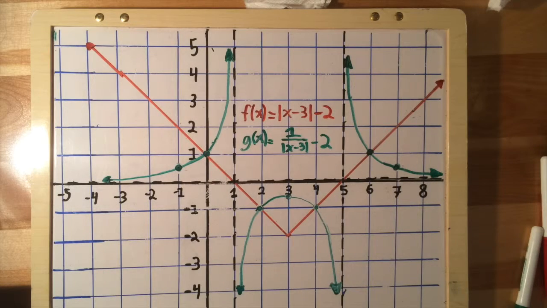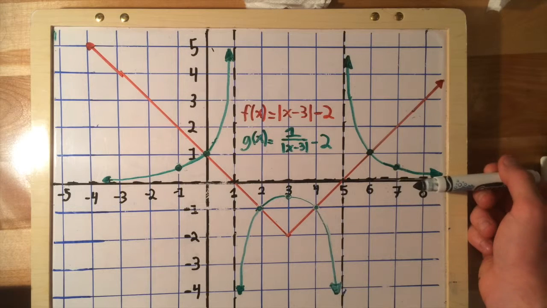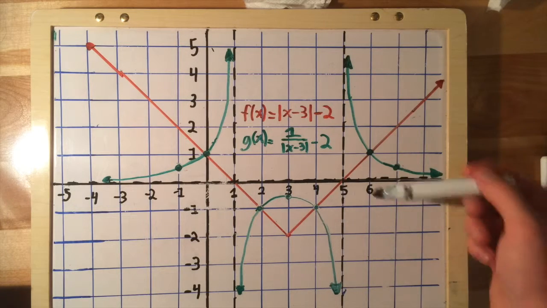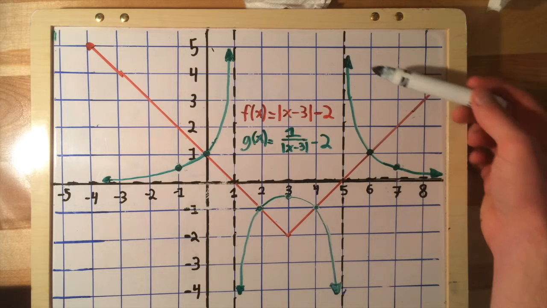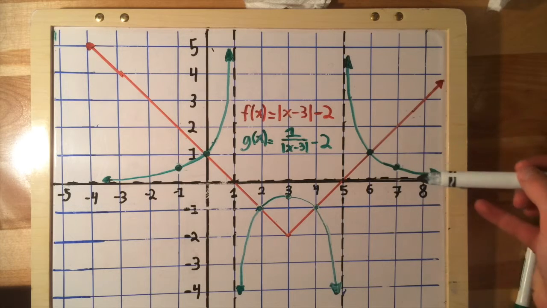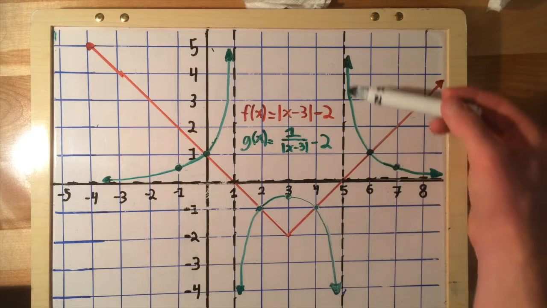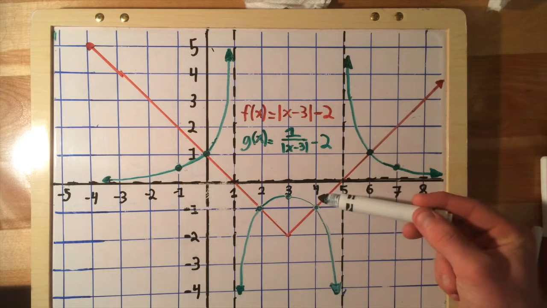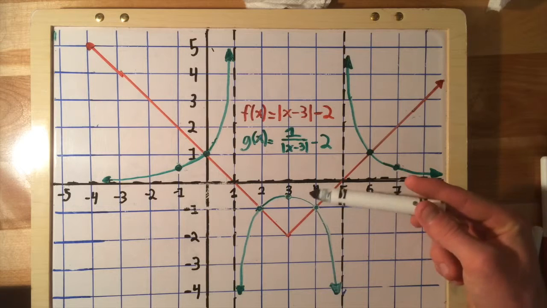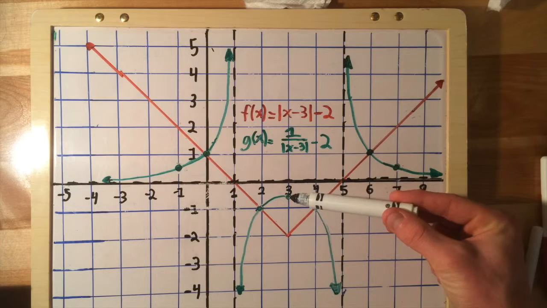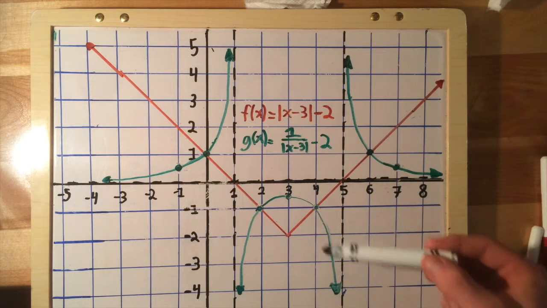When looking at the range, we must look at the y values. We know there is a horizontal asymptote at y equals 0, and above the horizontal asymptote, the reciprocal function will approach it, but never touch it, and the reciprocal function will also approach infinity. Below the horizontal asymptote, we can see that the y values actually only start at negative 1/2, and then they approach negative infinity after that.